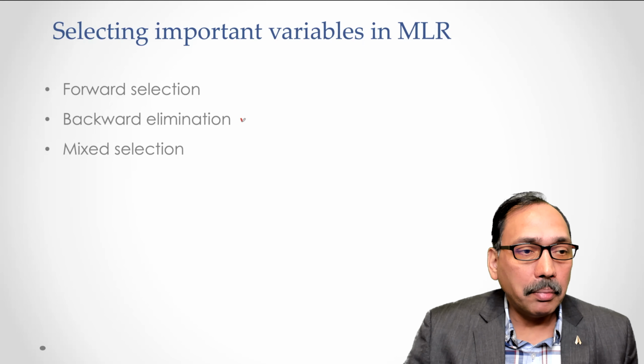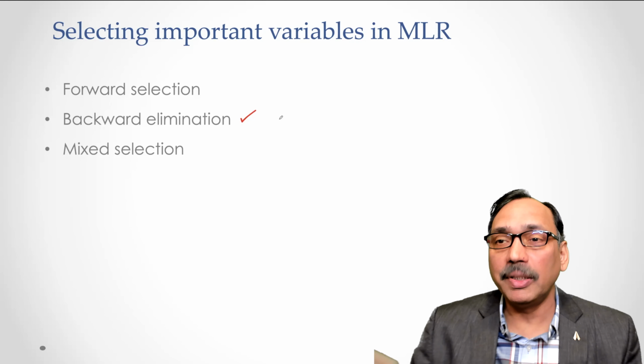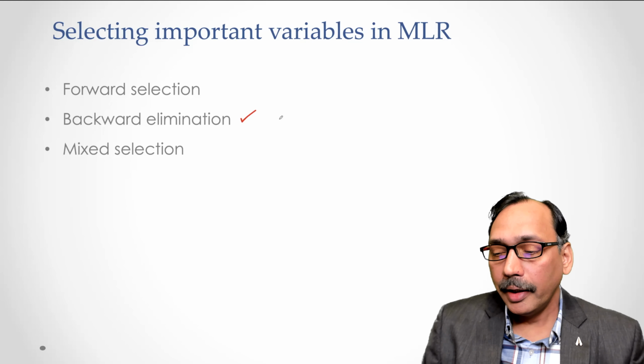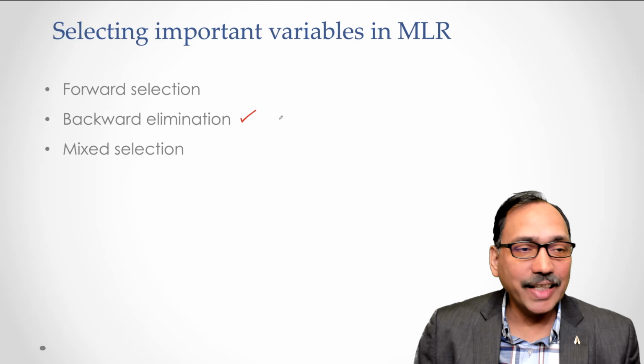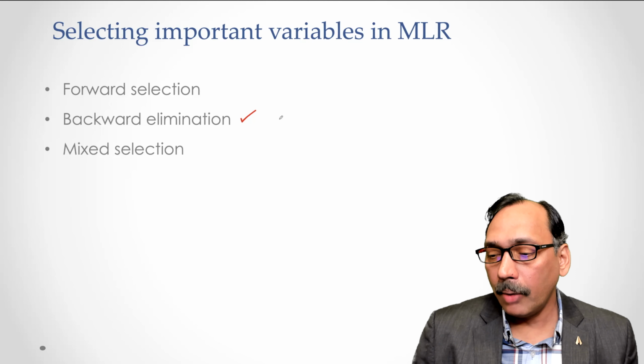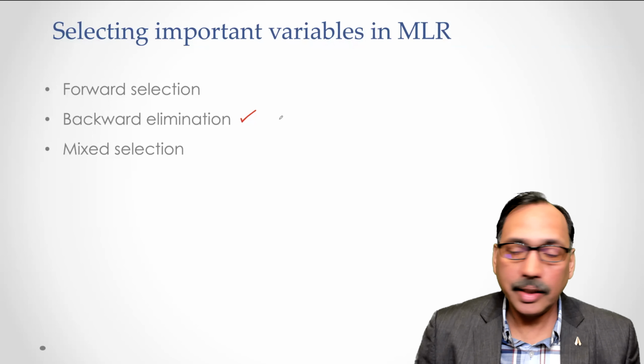The second one, backward elimination, starts with all variables in the model. So it goes in the opposite direction, and one by one removes the least contributing independent variable. It will stop when you have a model where all predictors are statistically significant.